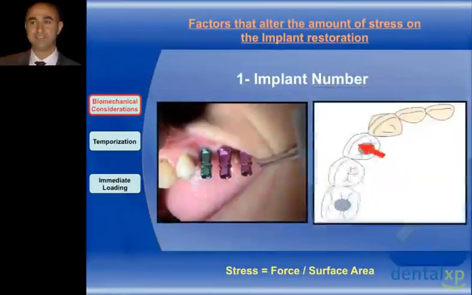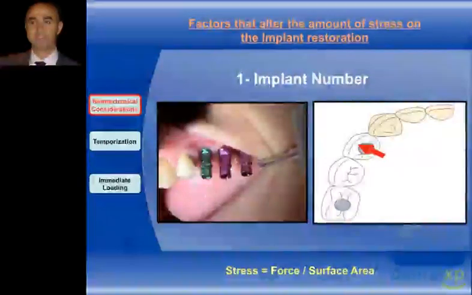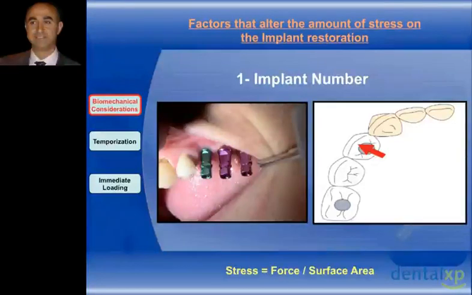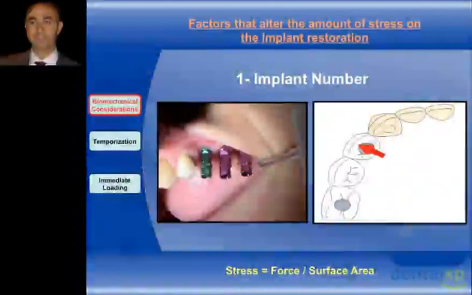When we come to talk about implants, the number of implants, whenever possible that we can place more implants, again specifically when I'm talking in the posterior maxilla in cases of sinus grafted cases, whenever possible to place a third implant between two implants that is intended for a 3-unit bridge, it's much better, because you are, number one, increasing the surface area of this area of the load itself.